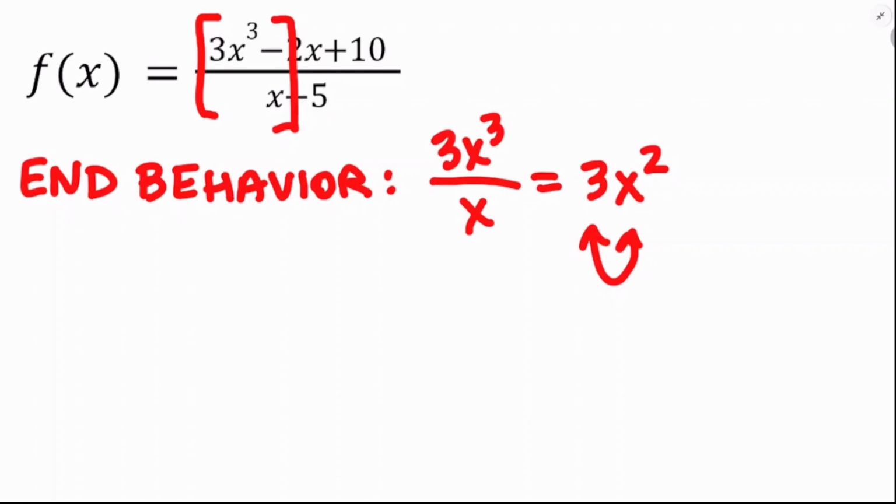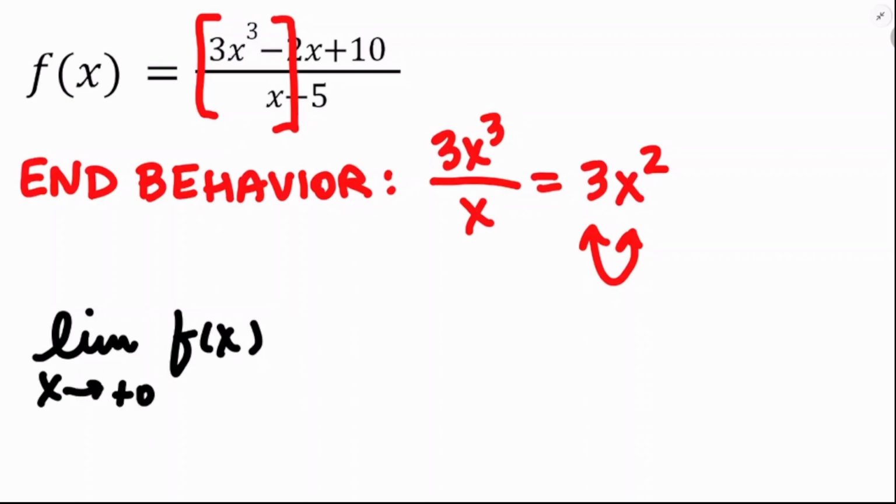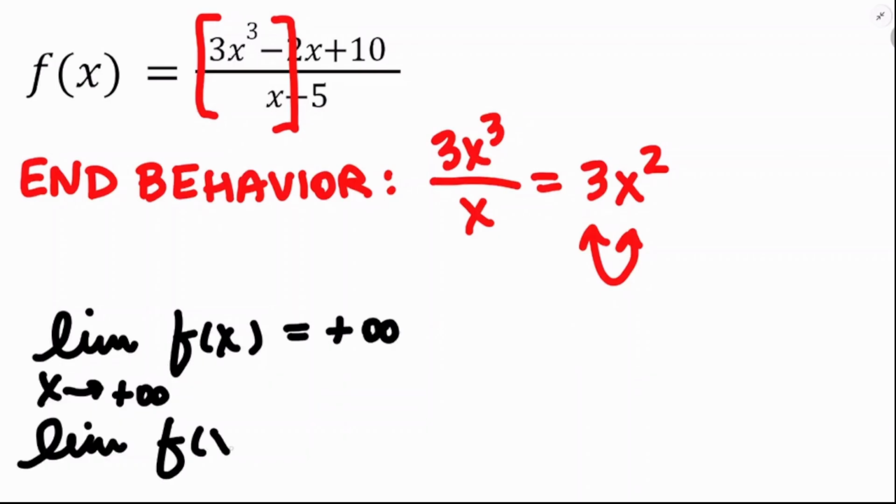It's an even degree polynomial with a positive leading coefficient, so we'll say the limit of f of x as x approaches positive infinity is going to be positive infinity, and so is the limit of f of x as x approaches negative infinity. Okay, both will be positive infinity.